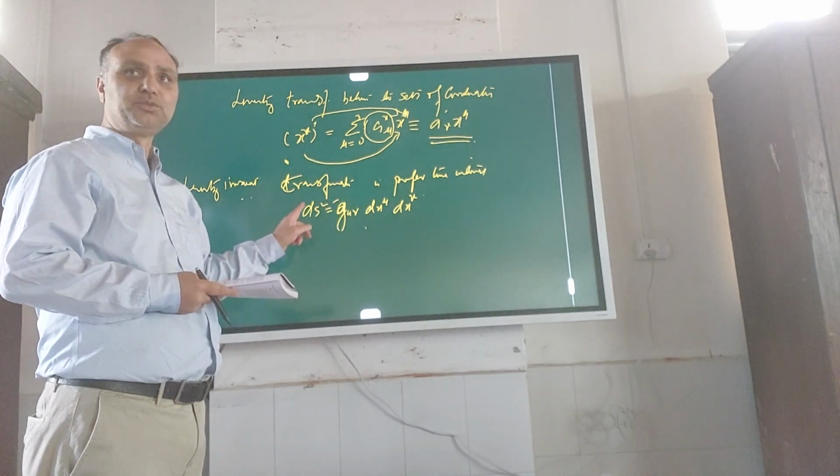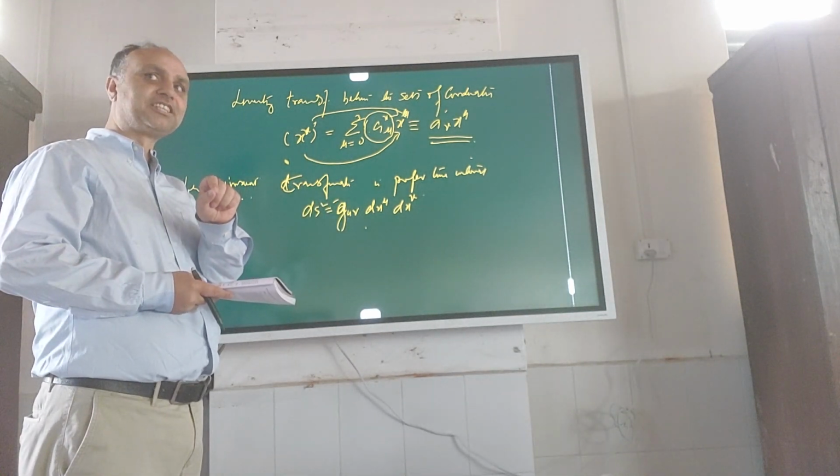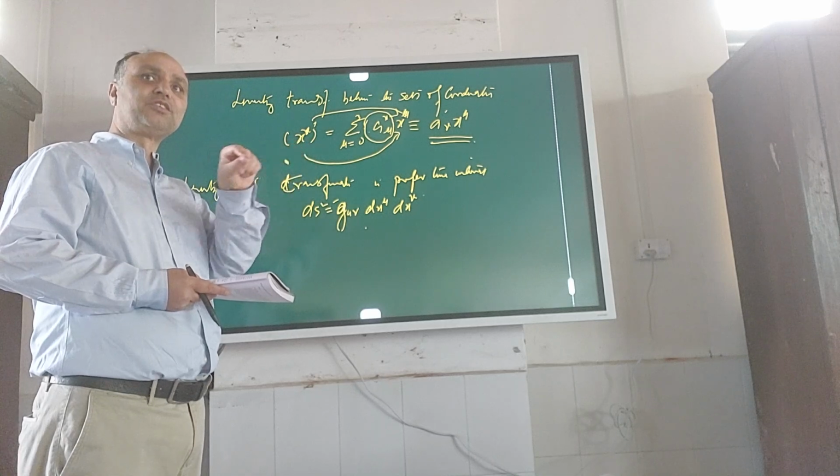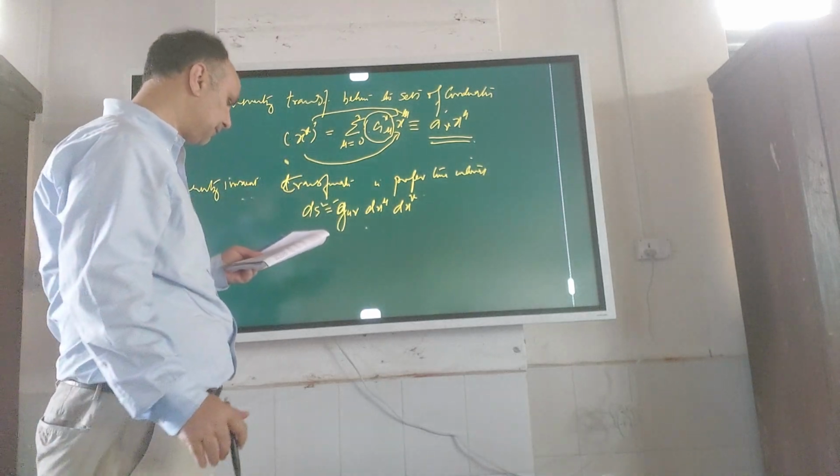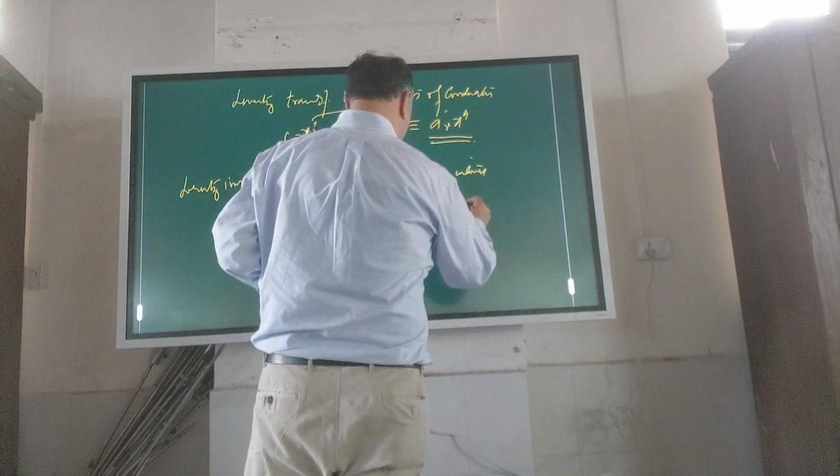Eta mu nu means a flat space-time, which has either 0 1 1 1 or 1 1 minus 1 1 1 0 1, whatever that is.